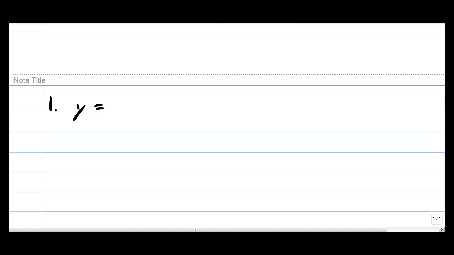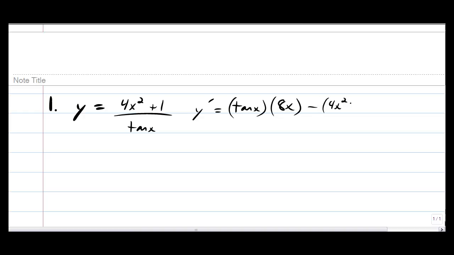y is equal to 4x squared plus 1 divided by tangent x. y prime equals, so low, tan x d high, the derivative of the high is 8x, minus high, derivative of the low, all over low squared.